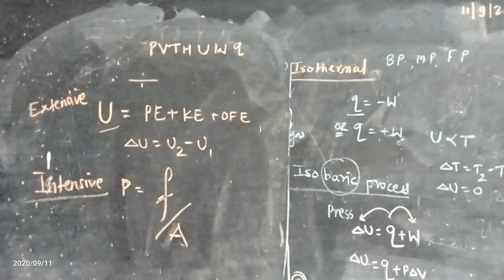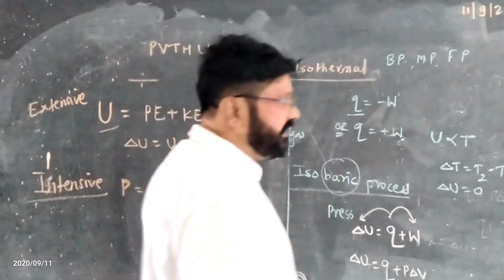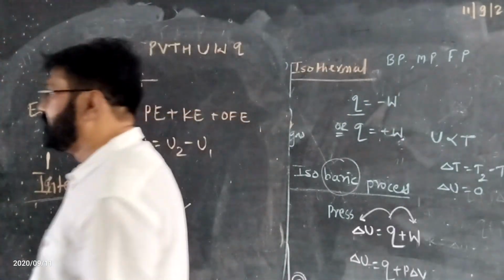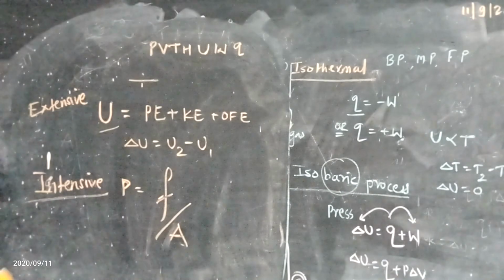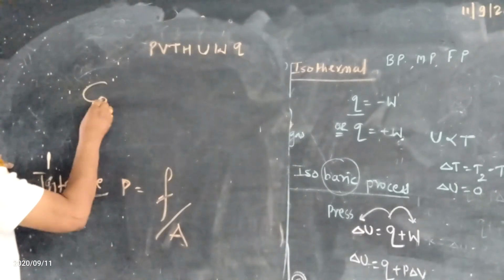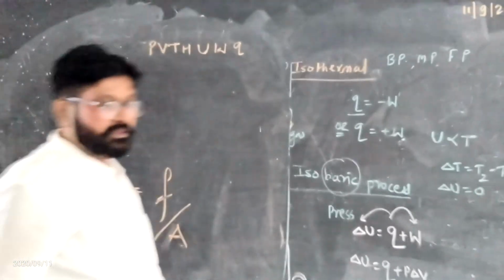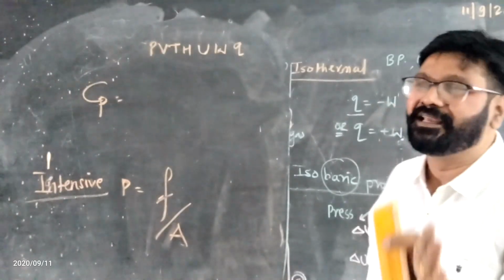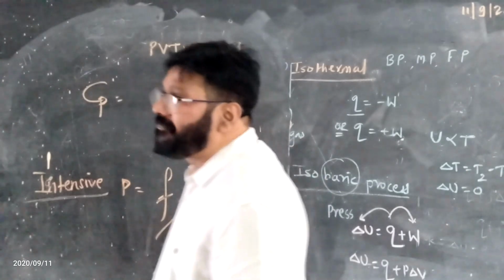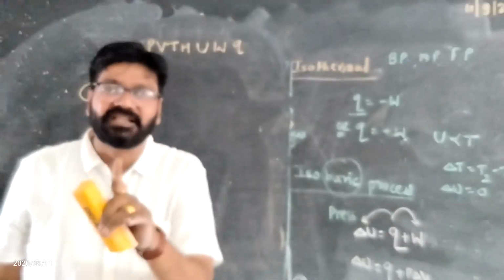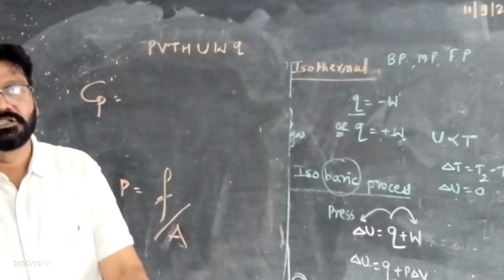Now, according to physics, consider the molar heat capacity. Molar heat capacity at constant pressure is denoted by Cp. It is the amount of heat required to increase the temperature of 1 mole of gas by 1 degree Celsius at constant pressure.